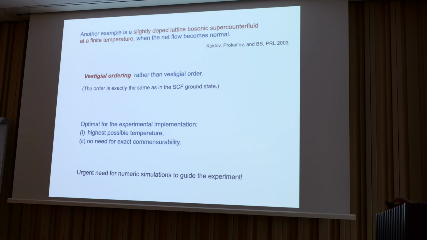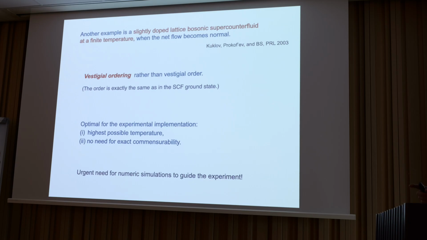Yet another intermediate scenario is the following. And this scenario can be particularly important practically in terms of the experiments. So we do not need to have exactly commensurate filling. The filling can be slightly incommensurate. And then we just increase the temperature and do a vestigial scenario.